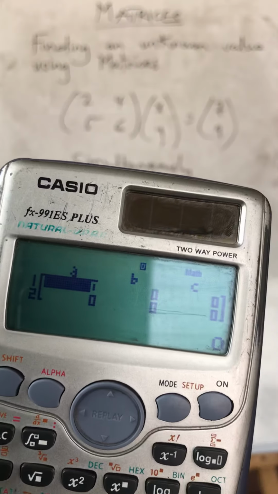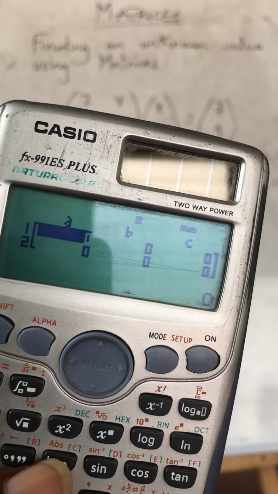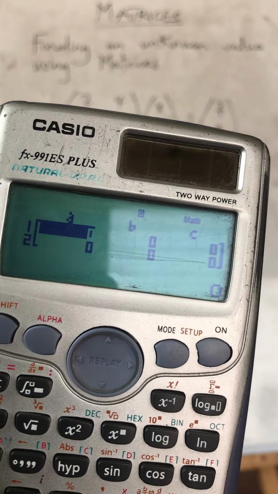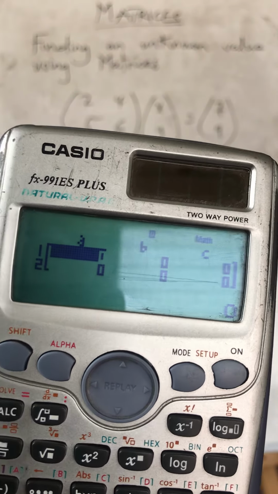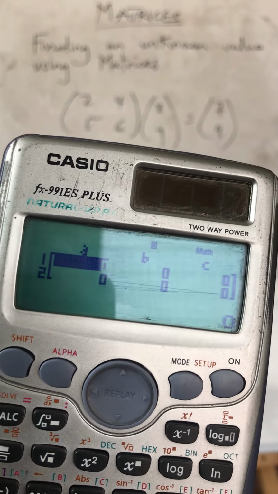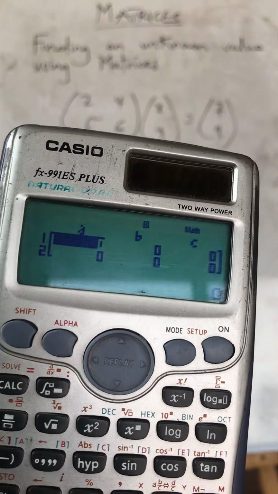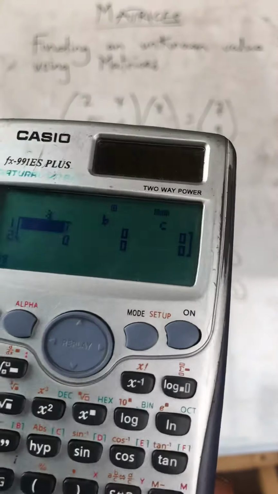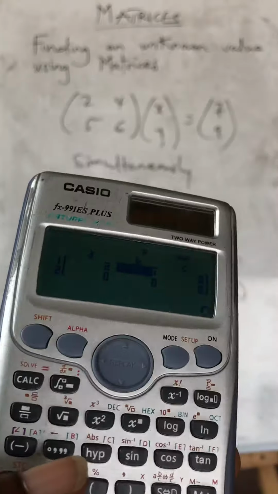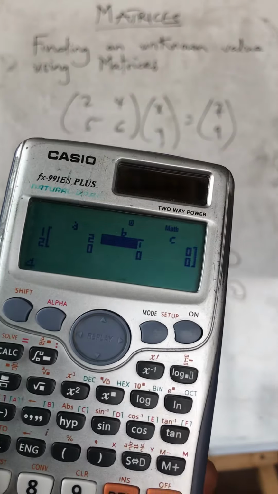When I select the first one, they give me a table form with 2 rows. The A, B, C are just the coefficients. A is the coefficient of x, B is the coefficient of y, and C is the constant, which is the one after the equal sign. So now I can punch in the first one: 2, 4, and 7.